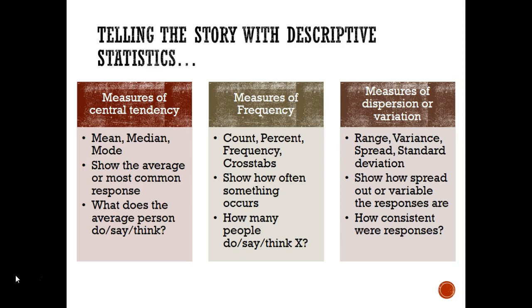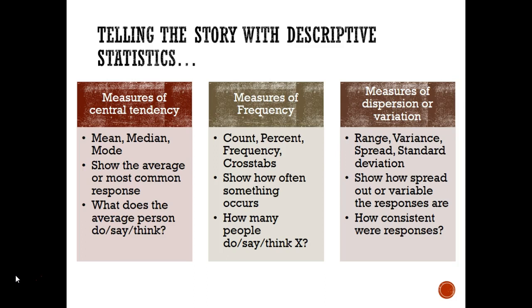Then we're looking at this middle column, measures of frequency. So how often are people responding in a certain way? You're just counting things up. You're providing the percent number of respondents to a certain item. You're looking at the frequency range, which is looking at an entire item to see what percentage of the persons responding said A versus B versus C or D. I'll have a few examples to share with you later on.